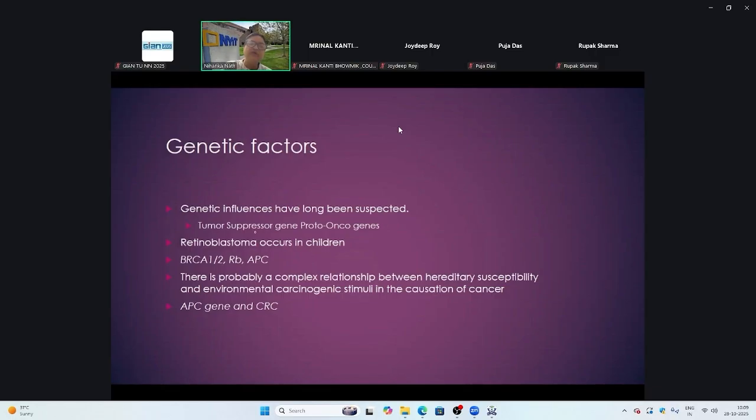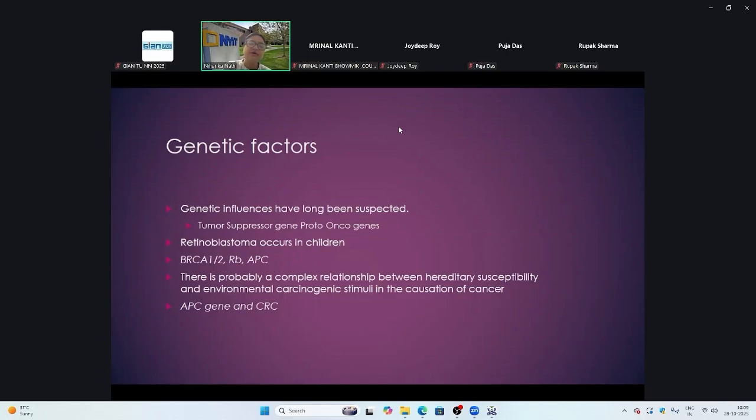One is the tumor suppressor gene. This is the gene that actually prevents tumors. So we have a gene whose job is to prevent overgrowth of cells. And we have proto-oncogenes whose job is to cause cell division.